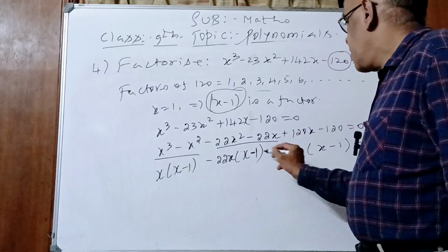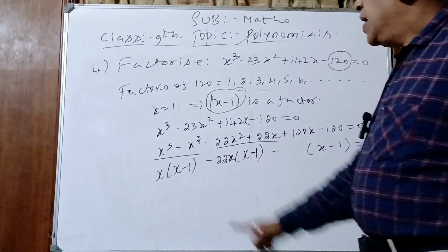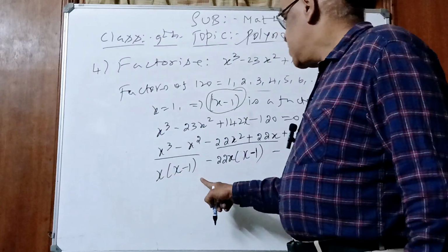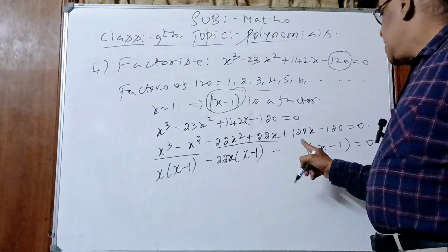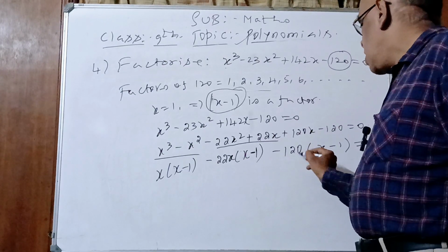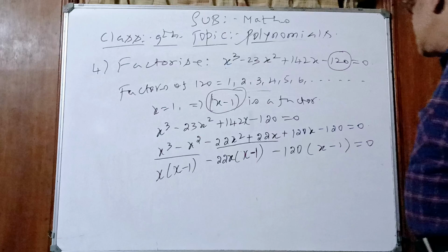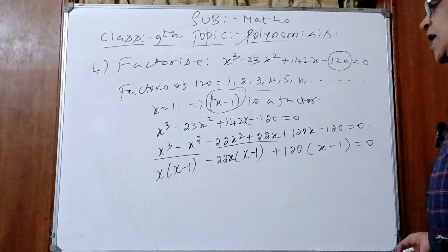So everything will carry. Take x common, x minus 1. Take minus 22x common, x minus 1. What will you take common here? 120 common. What will remain here, children? Plus 120, take common, x minus 1.